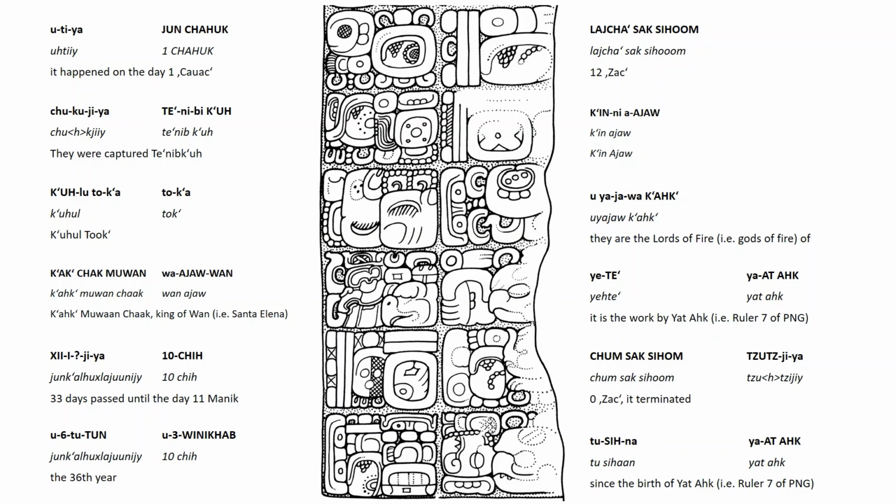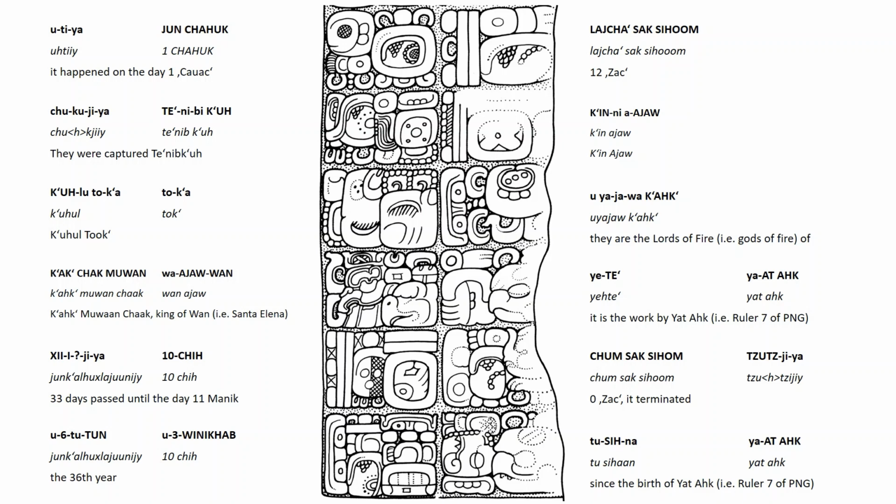So you see here it starts with a verb, and it's followed by the captured: Tenipku, Kinahau, Kuul Tok, and they are three individuals, gods. They were the lords of fire, the gods of fire, of a king from Santa Elena. This is the site, the neighboring site, that was defeated in this warfare.